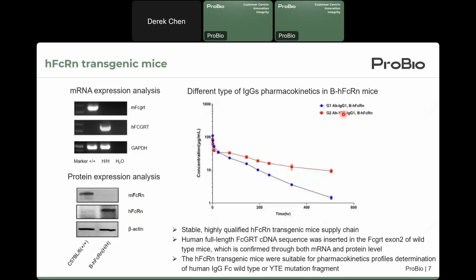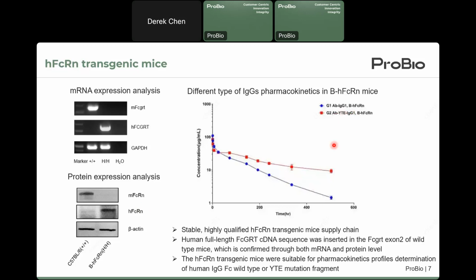So the YTE triple mutation in human IgG Fc is known to enhance the binding affinity towards the FcRn, the Fc receptor, leading to better recycling of the drug and improved PK profile.